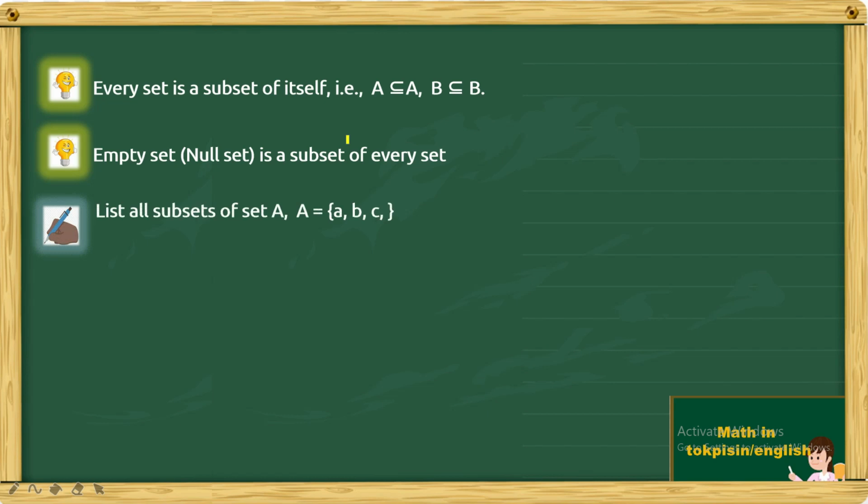Let's take this example. List all subsets of set A. Subsets means it must be contained in.